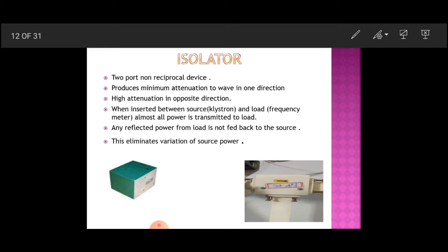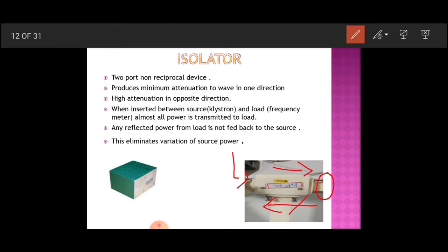An isolator is a passive component which produces minimum attenuation to the wave in one direction, where it produces high attenuation in the opposite direction. That is, when a microwave signal generated from the reflex klystron is fed as an input to the isolator, it transmits almost all the power to the load, where reflected power from the load is not fed back to the source.